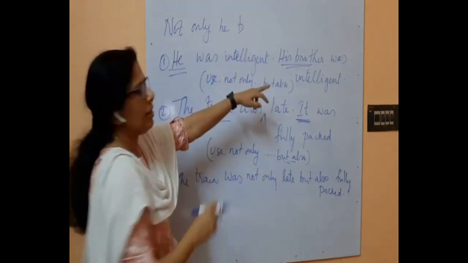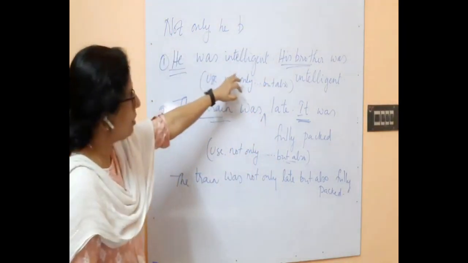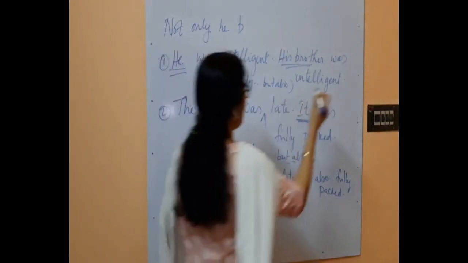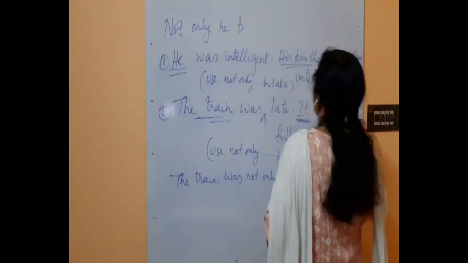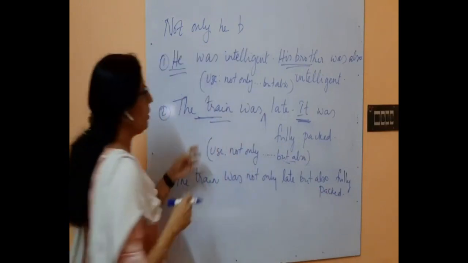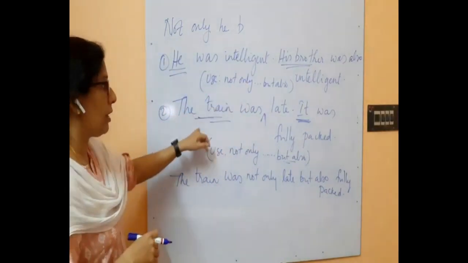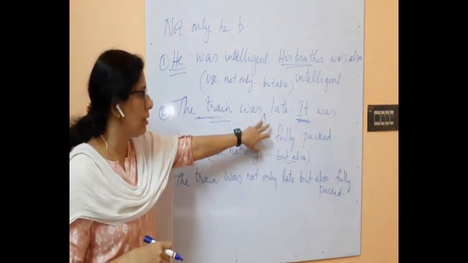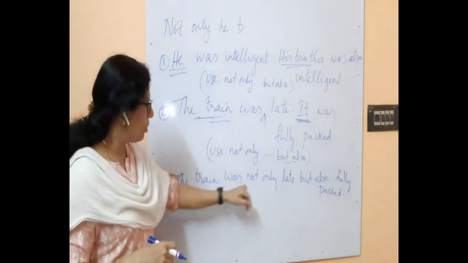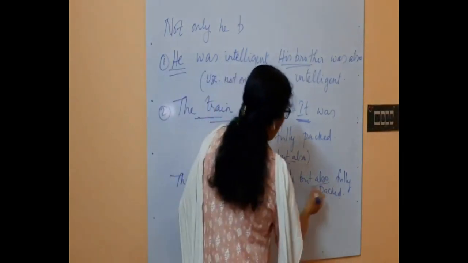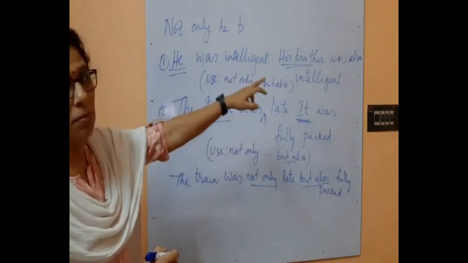Okay. So the answer will be not only he. See, because both are intelligent. He was intelligent, his brother was also intelligent. So in such a way the question comes, both the subjects are different here, and there both the subjects are same, that is why we have inserted it after the verb. The train was not only late but also. But here both the subjects are different.